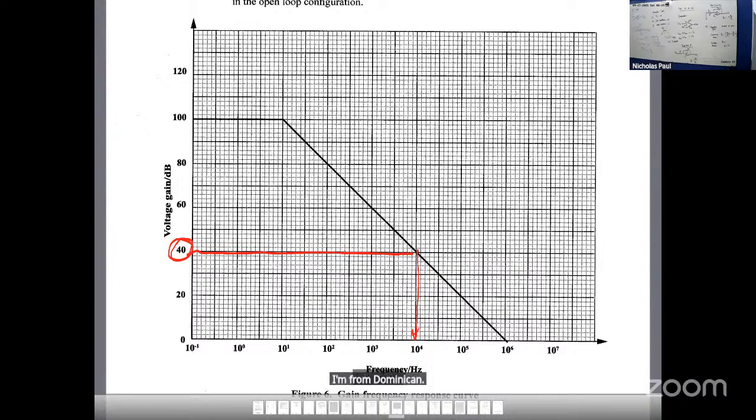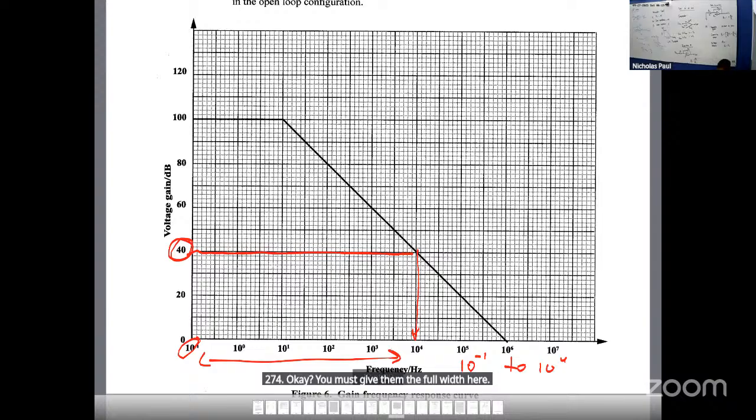The bandwidth will start at 1, or in this case 10 to the minus 1, up to 10 to the 4. You must give them the full width here.